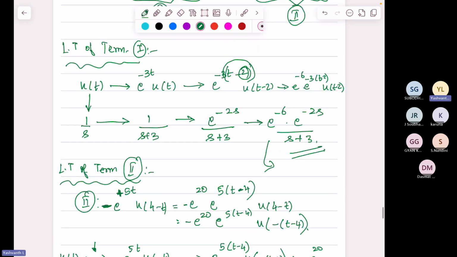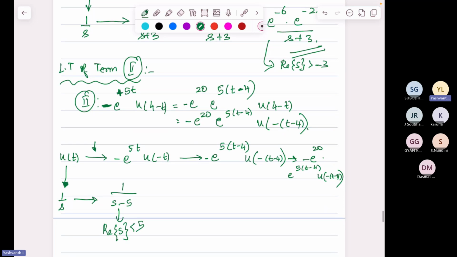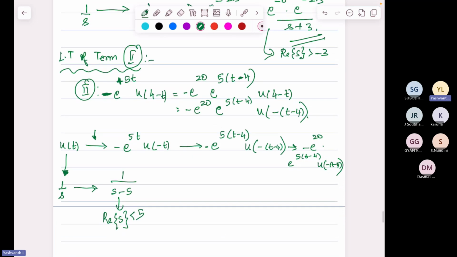See, it's a u of t, so this is a right-sided signal. So the ROC should be right-sided. You can show that real part of s greater than minus 3 is the ROC for term 1. For term 2, real part of s should be less than 5, because you're talking about the Laplace transform of a left-sided signal, so the ROC should also be left-sided.